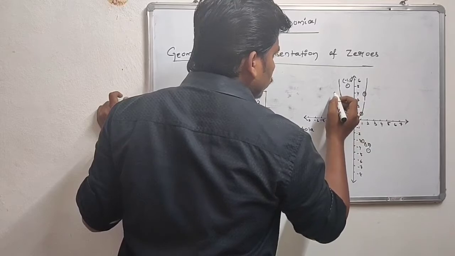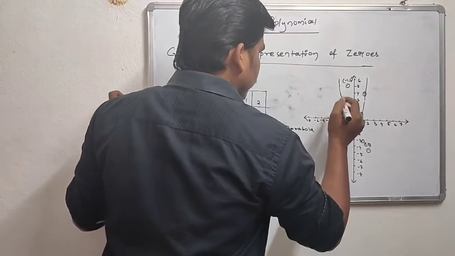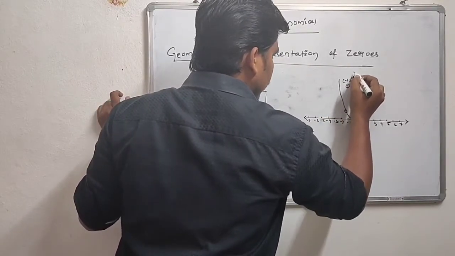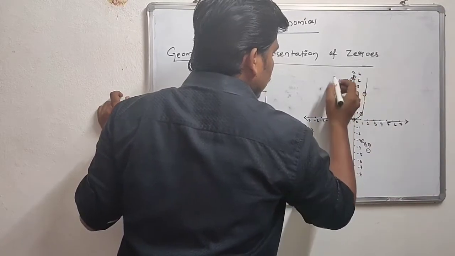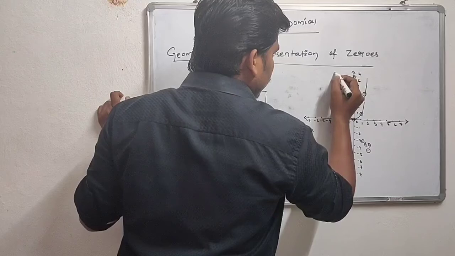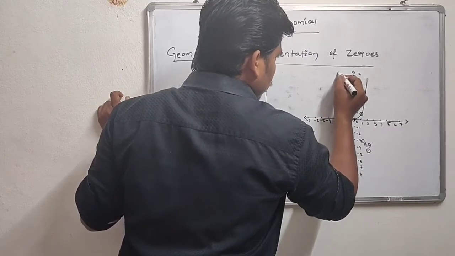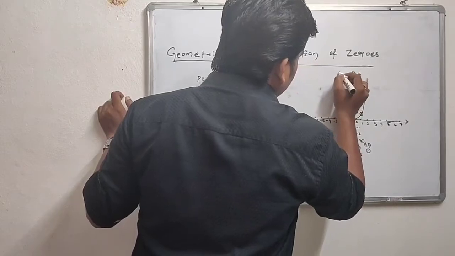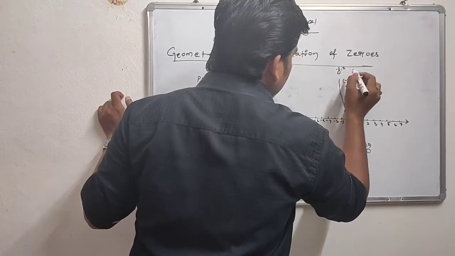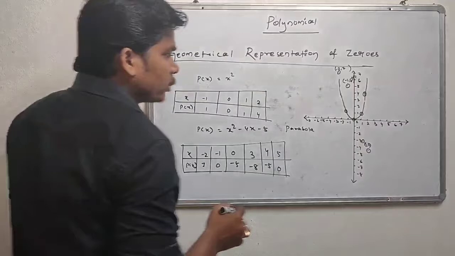Minus 2, and this will be 7. Let's take this as 7. Minus 2, this will be 7. Yeah, this value is minus 2, 7. Next, minus 1, 0.